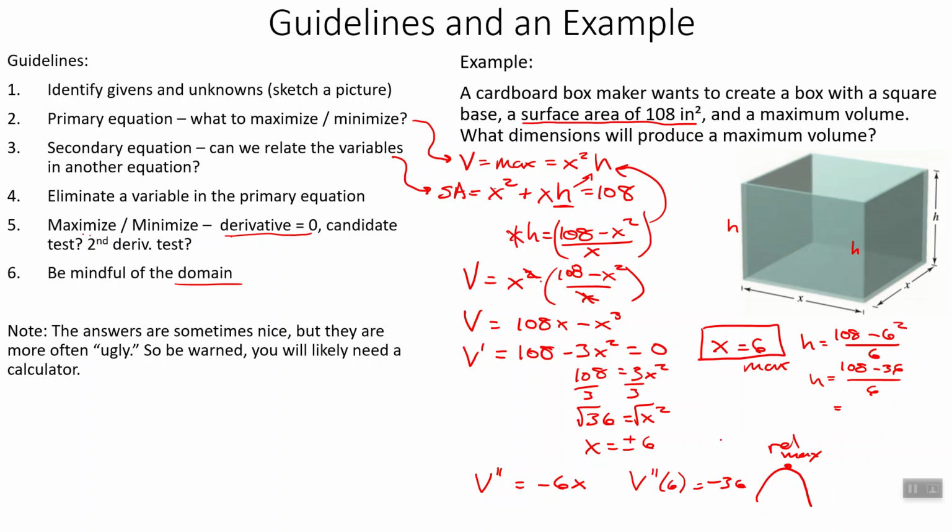Where's my calculator? 72 divided by 6 gives us 12. That looks right. So it looks like the height here is going to be 12. Now remember, we're working in inches, so don't forget to put in units. Inches. Oh, done. Ta-da. All right. That's how we optimize.